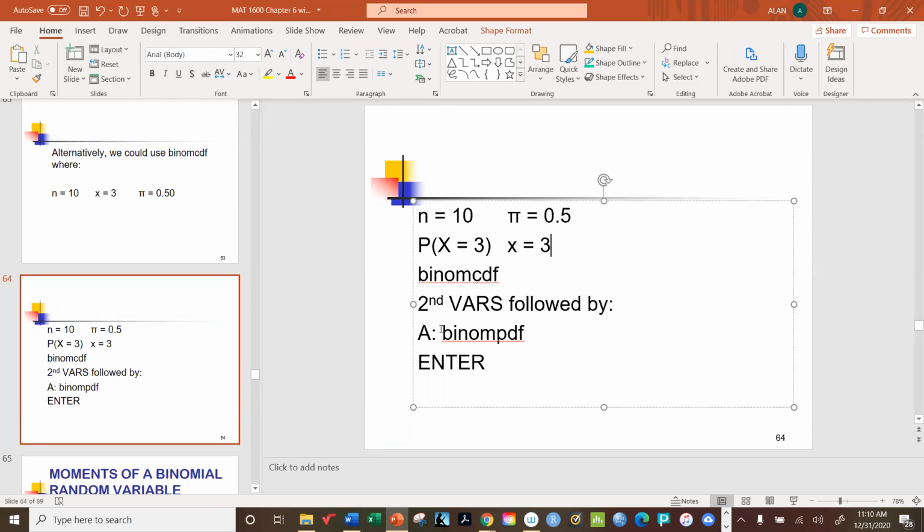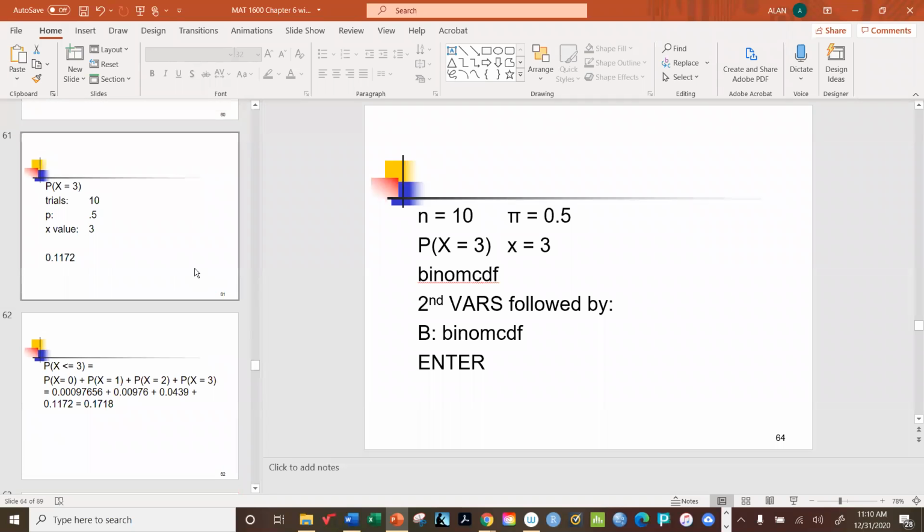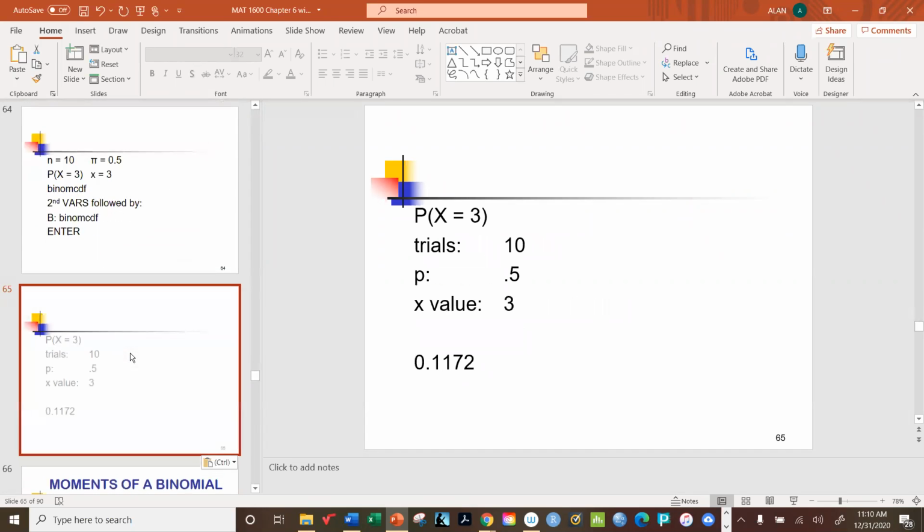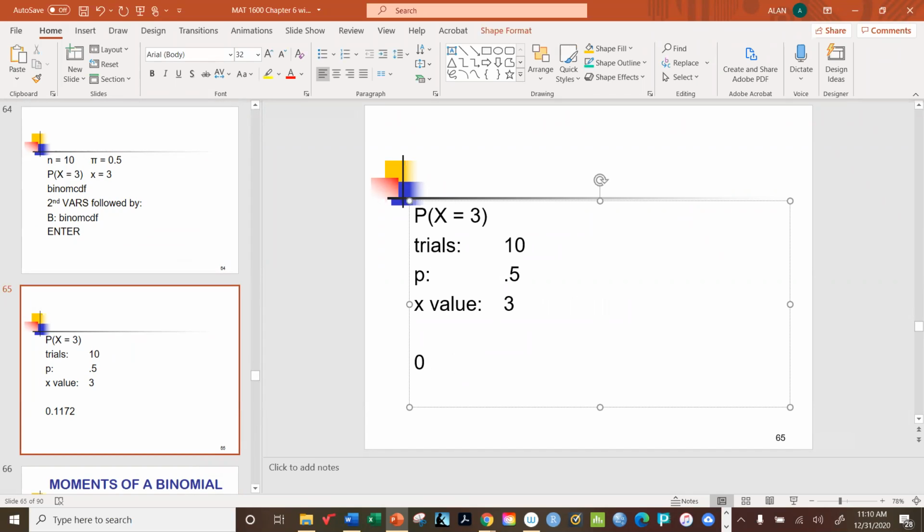In the calculator, in mine at least, it's letter B instead of A. These are the three numbers we would enter: 10 trials, 0.5 probability, 3 for x.